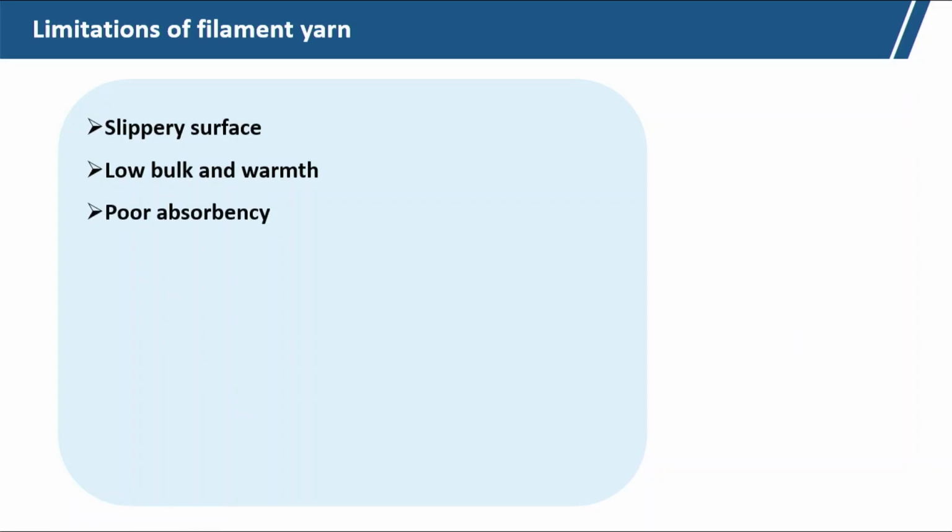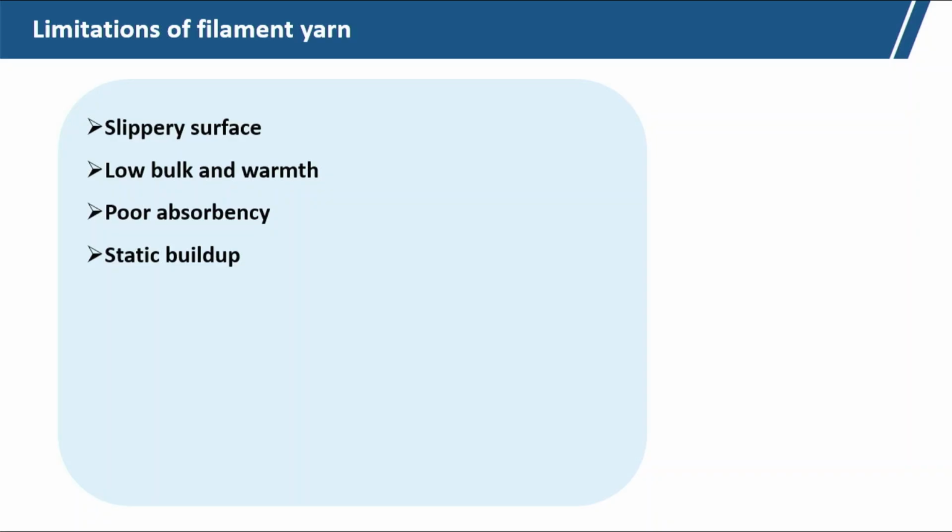Poor absorbency, because an air pocket is not there where water can penetrate. So, that is why it has poor absorbency. Where we need absorbency characteristics, there we normally do not use filament yarns.